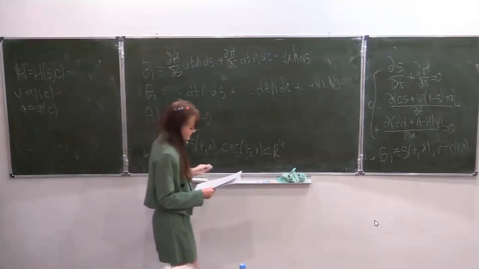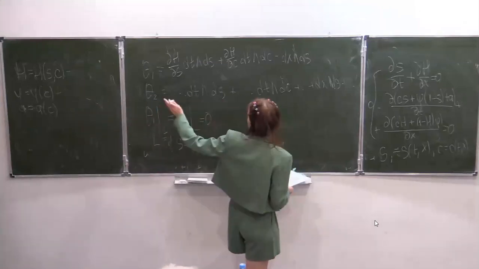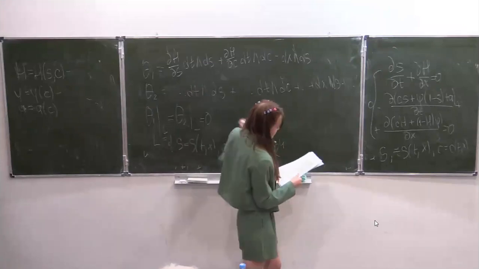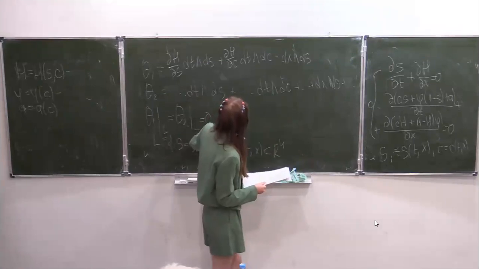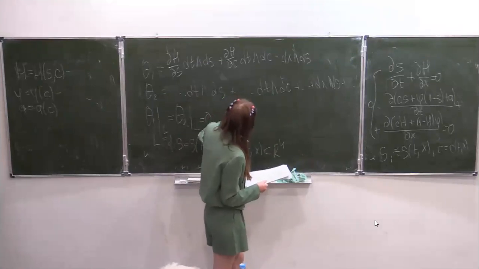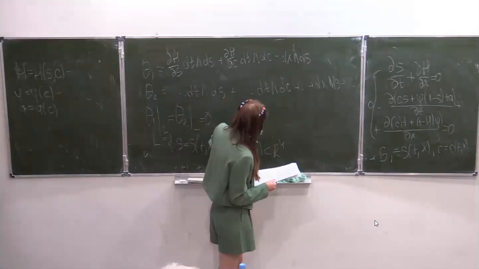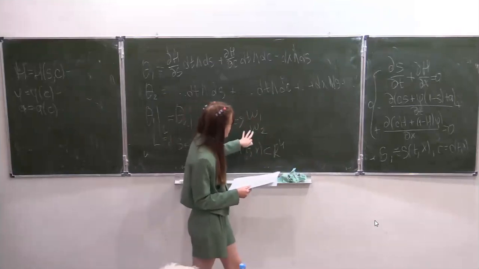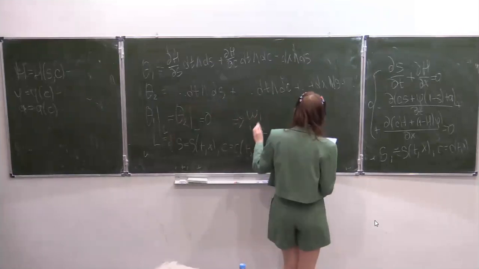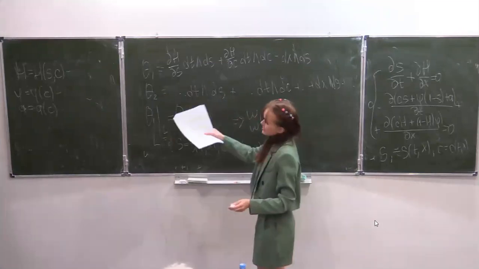Indeed, for the forms theta 1, theta 2, we introduced differential two-forms omega 1, omega 2, which are linear combinations, as I said before.